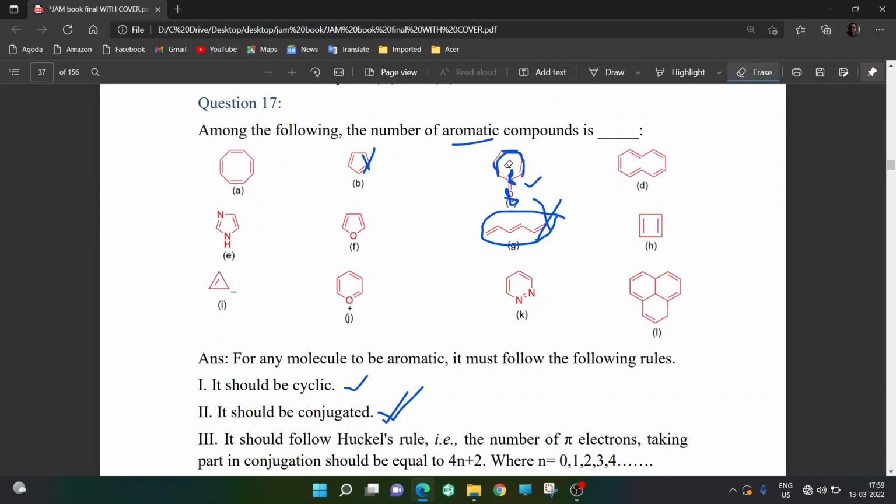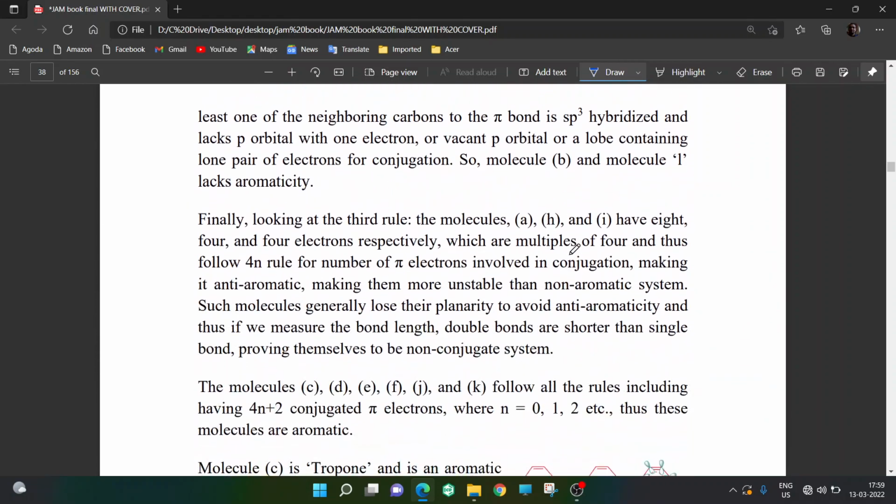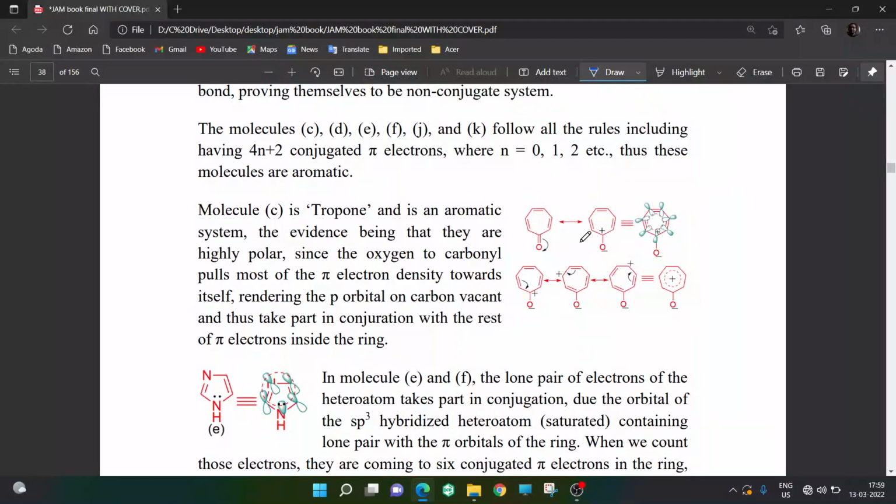But how can an orbital which is overlapped with another atom also overlap with this ring? The evidence is seen in the polarity of the molecule. What has been observed is that this molecule is highly polar.